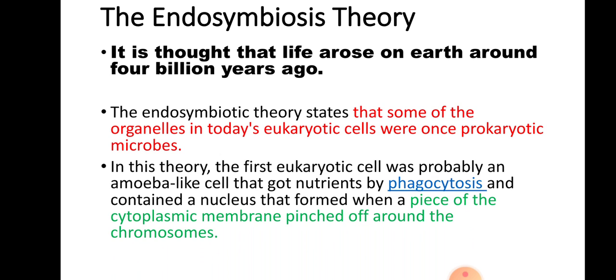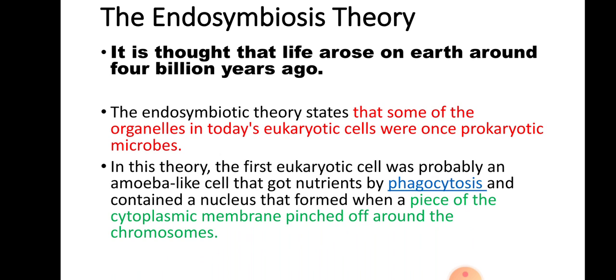Endosymbiosis is a process by which some organisms engulf other substances from outside. A nucleus forms when a piece of cytoplasmic membrane pinches off around the chromosomes. For this theory, we will also learn how the first nuclear membrane originated.